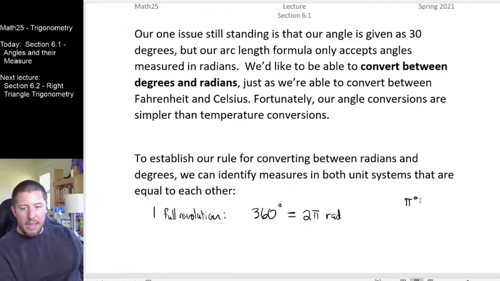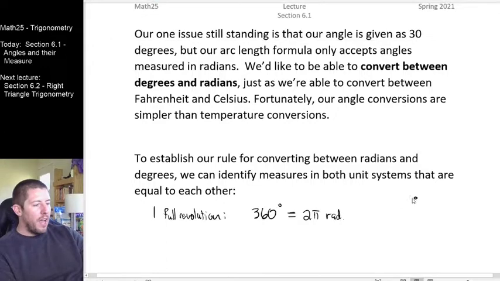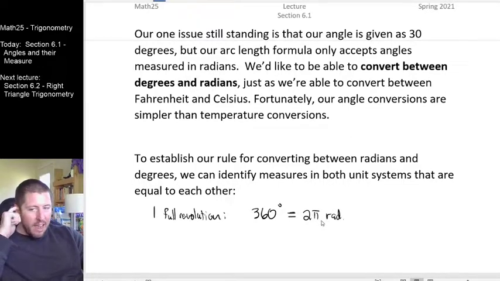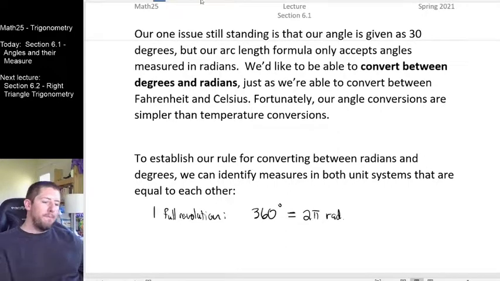I can't think of a time where pi degrees would ever be a measurement in any setting. I will not try to intentionally confuse you like that, but I'm not going to write rad next to every single angle measure for this semester. If there's pi at all, it's radians. You can always just assume that.